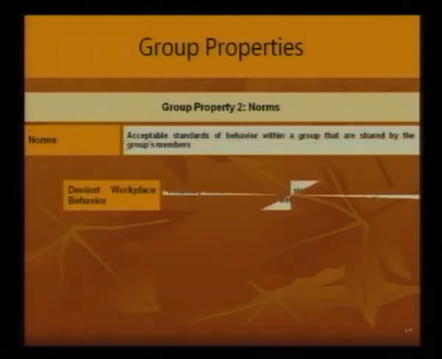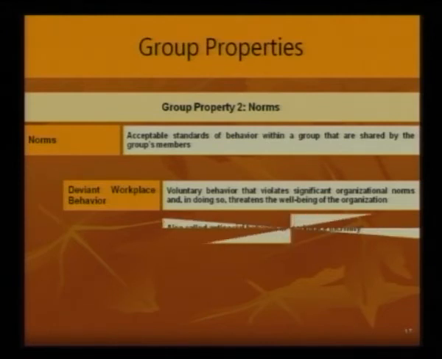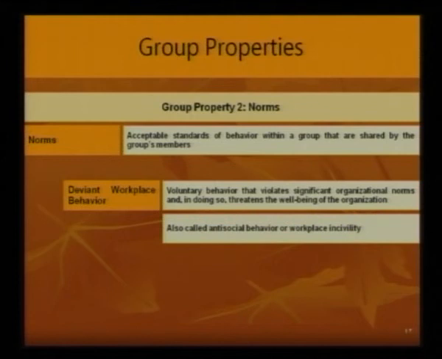We have discussed deviant workplace behaviors earlier, and we know that those are negative behaviors brought by individuals voluntarily within groups, and usually this is not in accordance with organizational policies or plans, objectives, and so on, and that's why we call it deviant workplace behavior. Of course, there are other titles, or we can call it antisocial behavior or workplace incivility and so on.